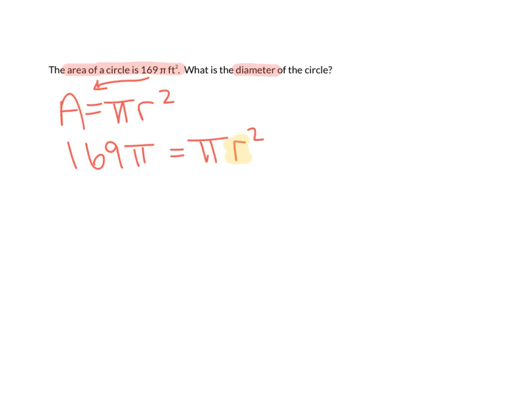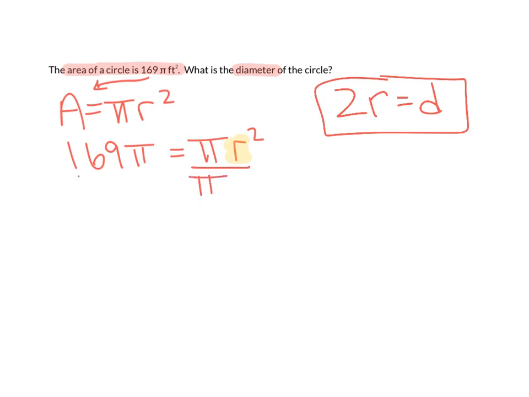Don't forget, we know that 2 times the radius is going to equal the diameter. And we're going to use this at the very end. So we're going to find our radius first, and then we'll come back to that. So let's divide both sides by pi. And as we talked about in the last problem, pi divided by pi is 1, so we can just cross that off. So we have 169 equals the radius squared.